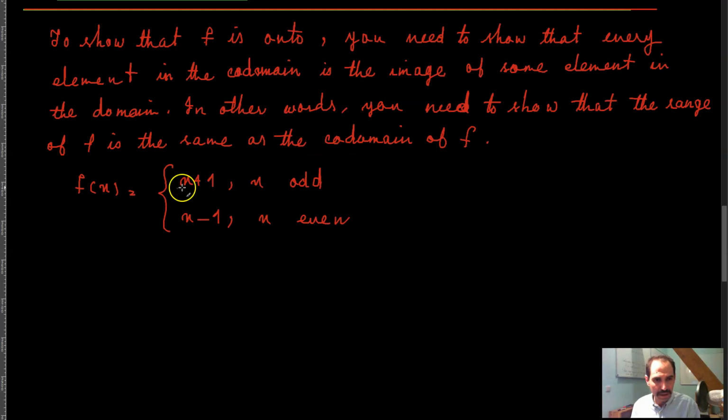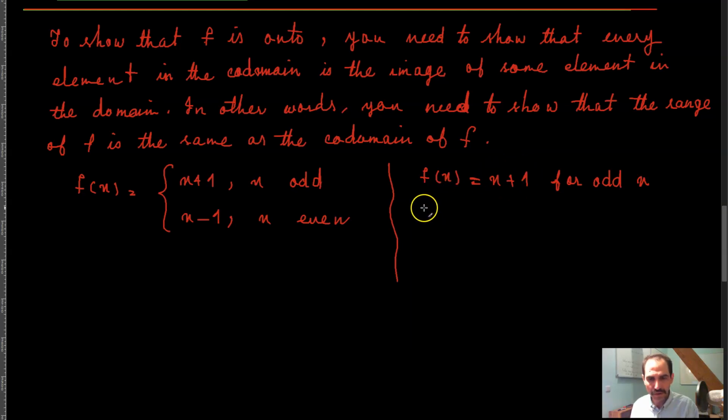So what that means is that if I say f of x is equal to x plus 1 for odd x's, what happens is that if x is odd, you have an odd number and you add 1 to it, you will get an even number.